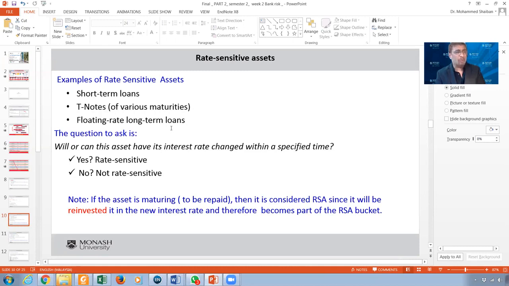Let's take a rule of thumb: anything short-term is usually rate sensitive, unless I tell you it's fixed.